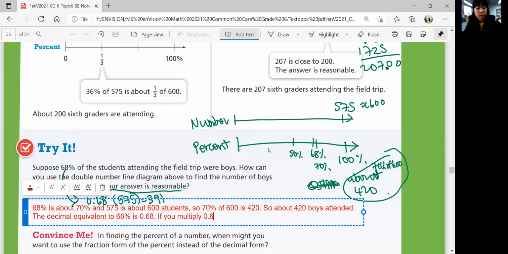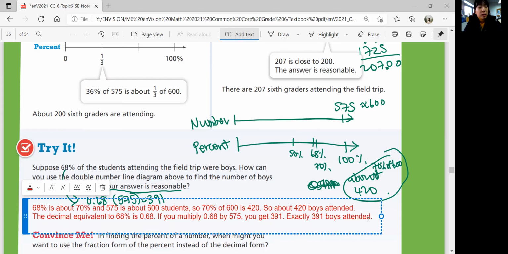Multiply 0.68 by 575. You get 391. 391 boys attended, exactly.